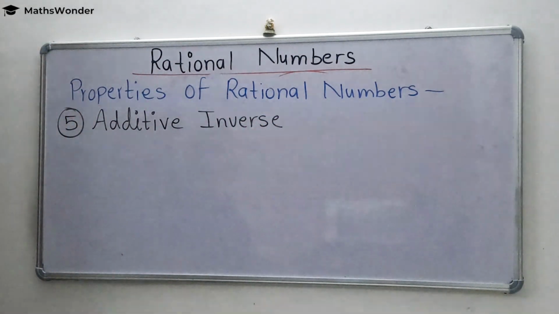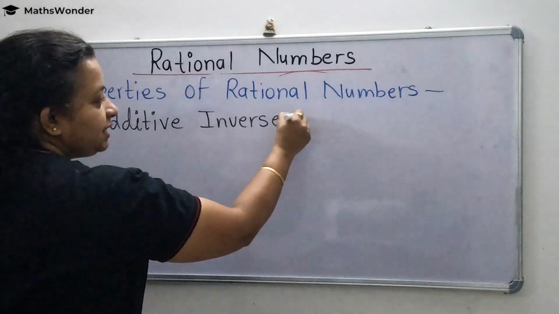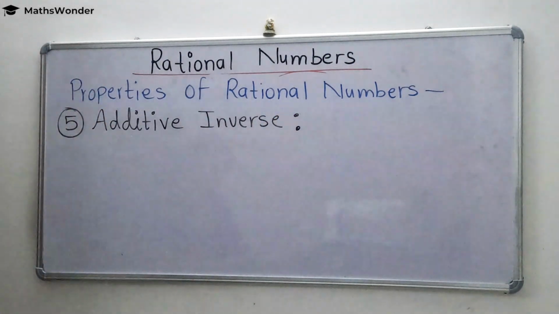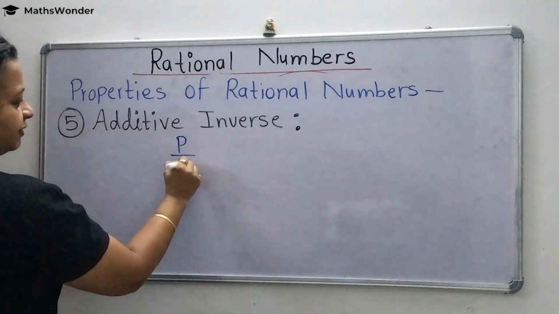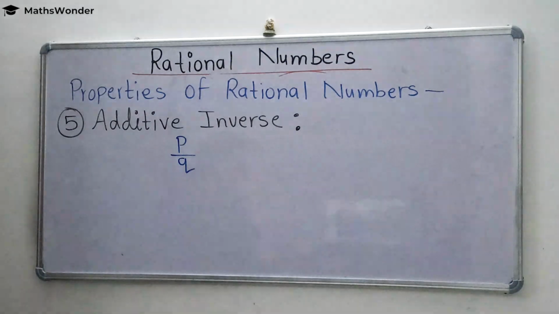Remember, we have learned in fraction division, rational number division, how you do it? It's the opposite operation, inverse meaning, right? So we used the reciprocal there. Remember the word reciprocal? So additive inverse means, for every rational number, suppose P over Q, this is the formula.